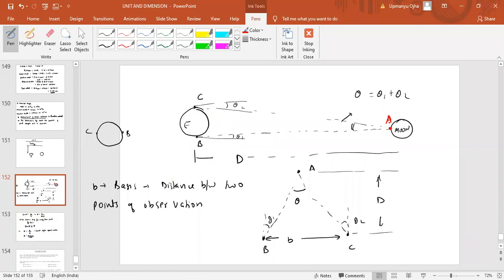Now when we are observing A, we found that the angle which the moon is making from the vertical is theta 1.